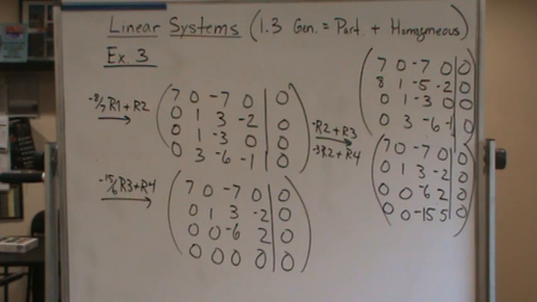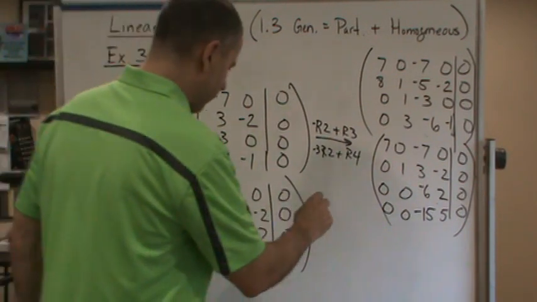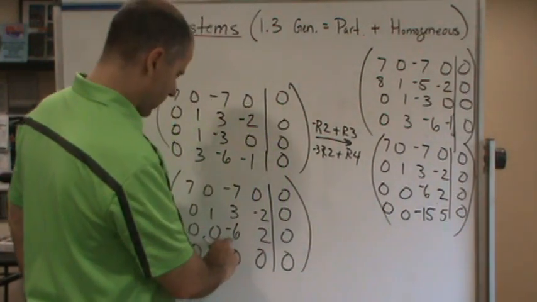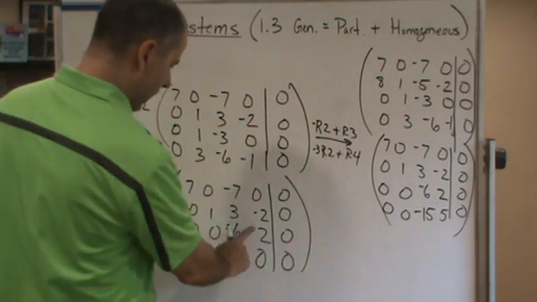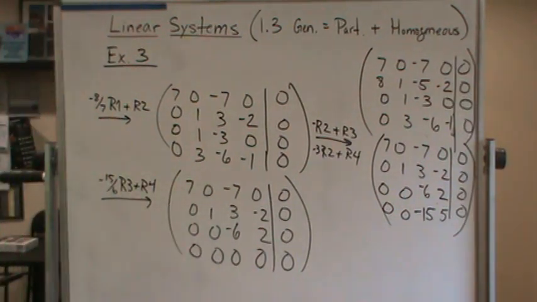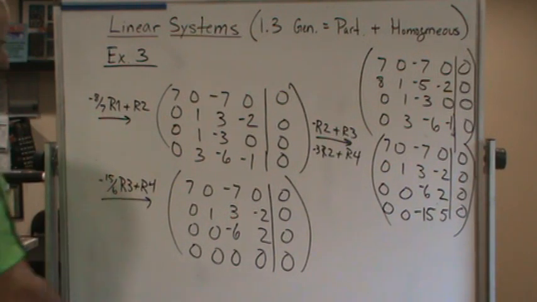Okay? So what do we get for a solution set? Well, think about it this way. That means we've got a free variable, which is W. So here W is a free variable.